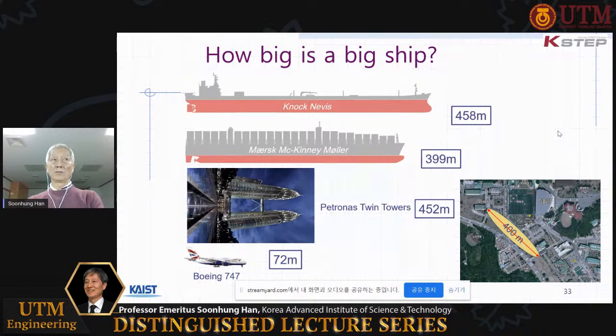That means there are 52 weeks per year, right? So every week there is one ship constructed and delivered of about this size. Comparing to the Boeing 747, probably the A380 of Airbus is a little bit bigger, but about similar size, very small, right?